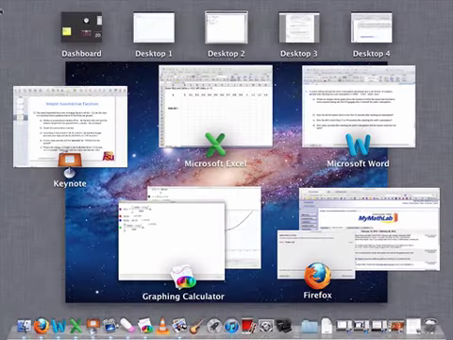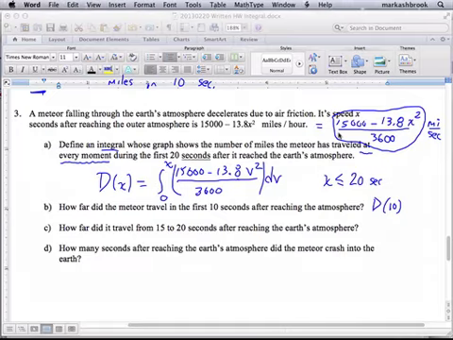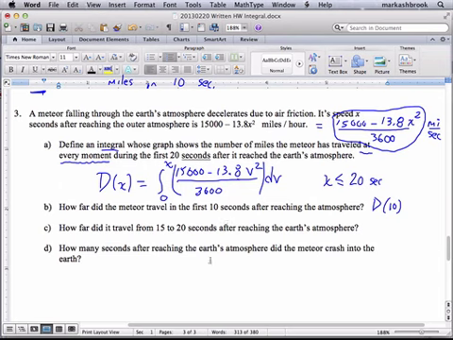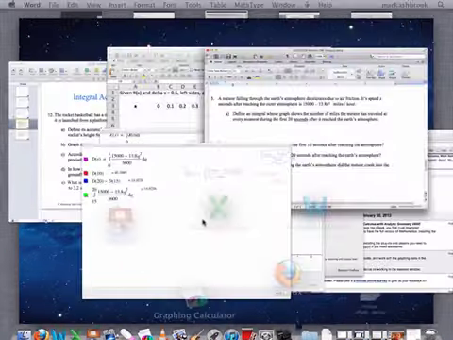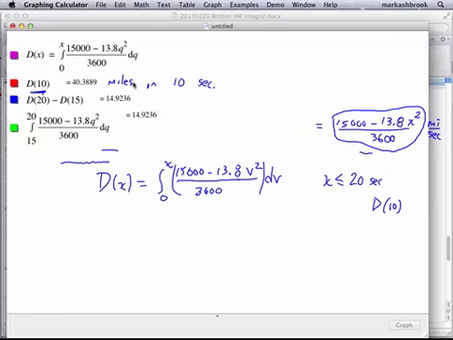What's the last question? How many seconds after reaching the Earth's atmosphere does the meteor crash into the Earth? So let's do that. How can we make sense of that? What are we solving for here?